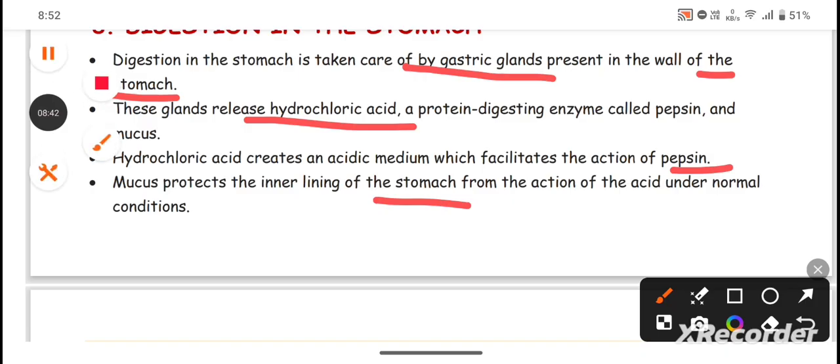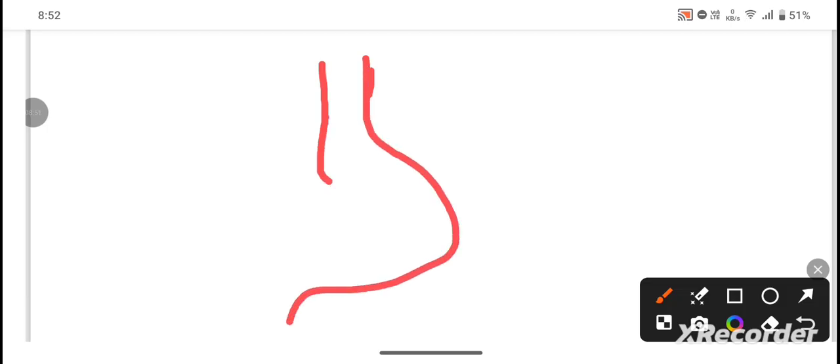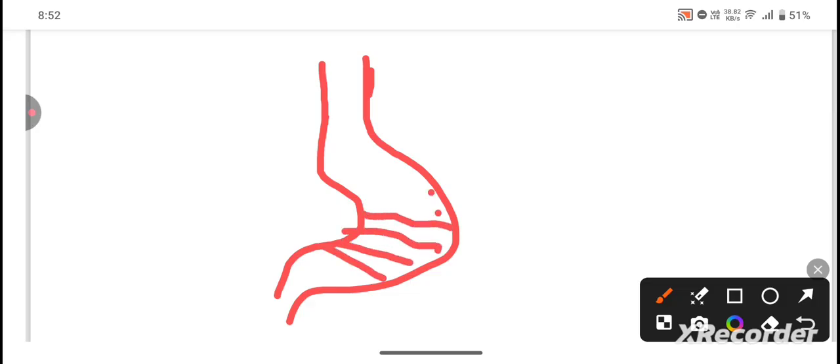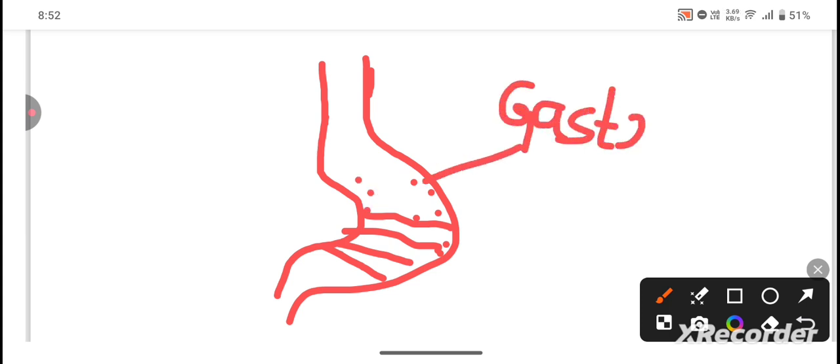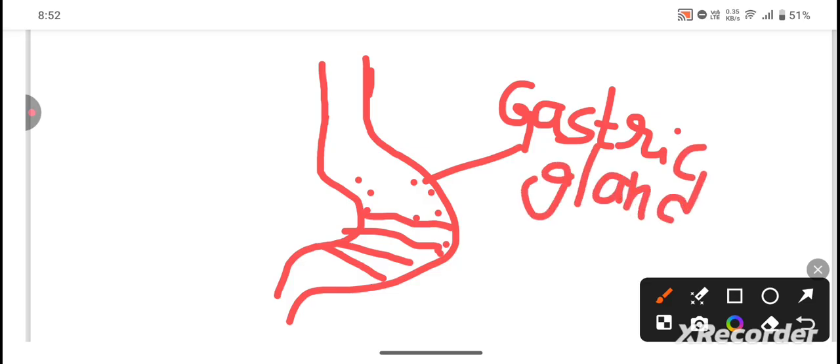So what happens is, consider this is the stomach. The wall of the stomach consists of certain glands called gastric glands, which secrete HCl, which is hydrochloric acid, into the stomach.